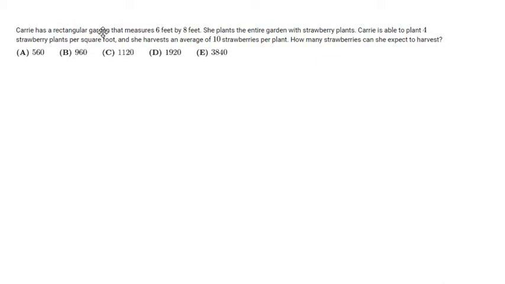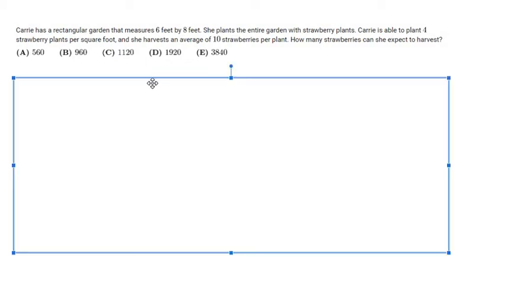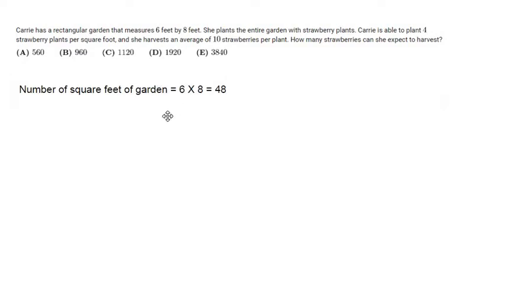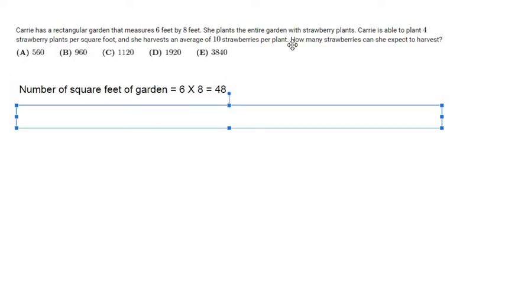So first, let's find the amount of square feet it has. So the amount of square feet it has is 6 times 8. Wait a second. 6 times 8 is going to be 48. That's the amount of square feet. Now we can find the amount of plants because the problem states that she is able to plant 4 plants per square foot.